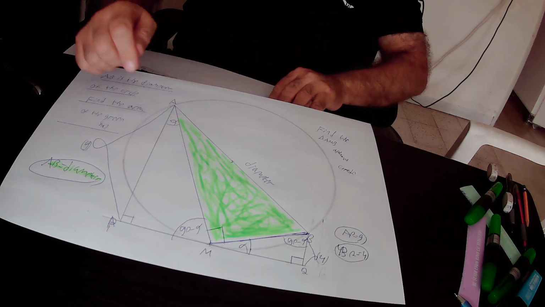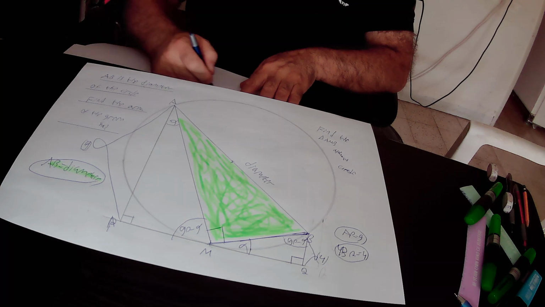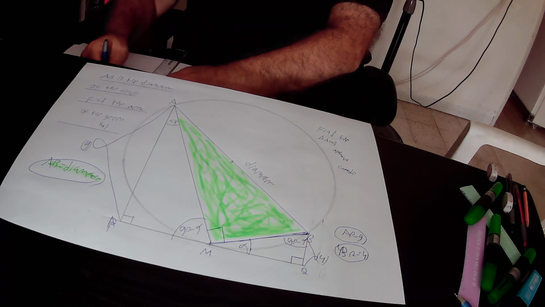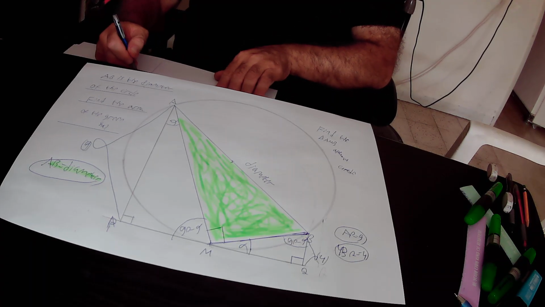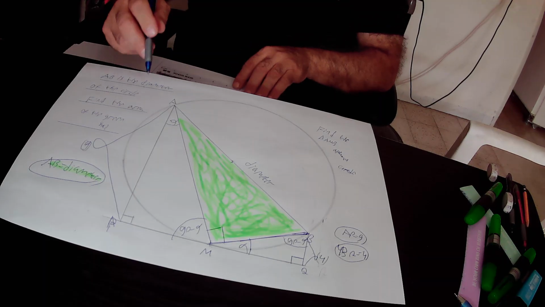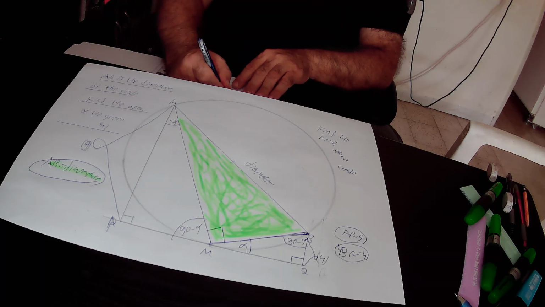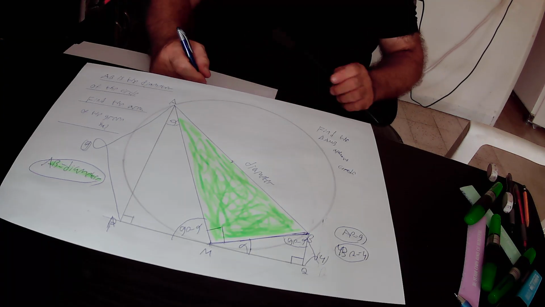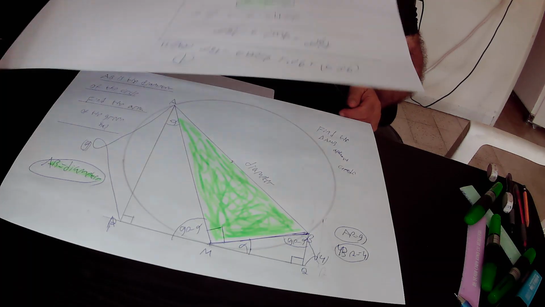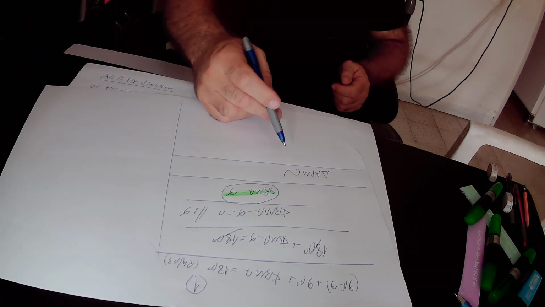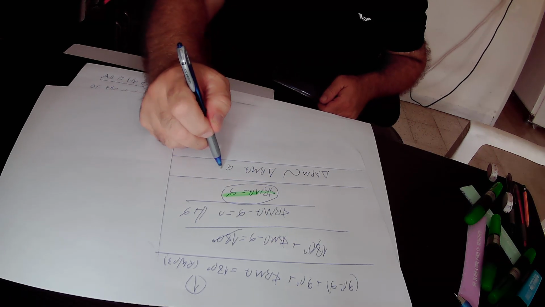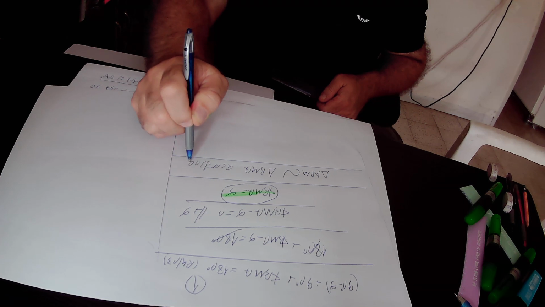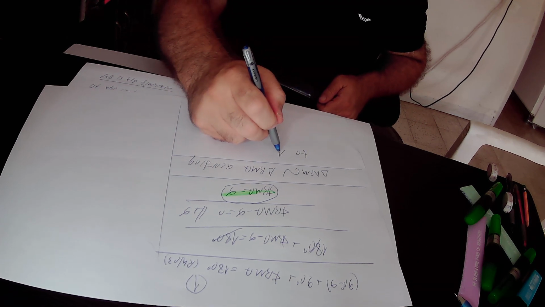So, okay, now I should prove that the right big triangle APM is similar, this is the sign of similar, to the right small triangle BMQ according to the angle similarity rule.